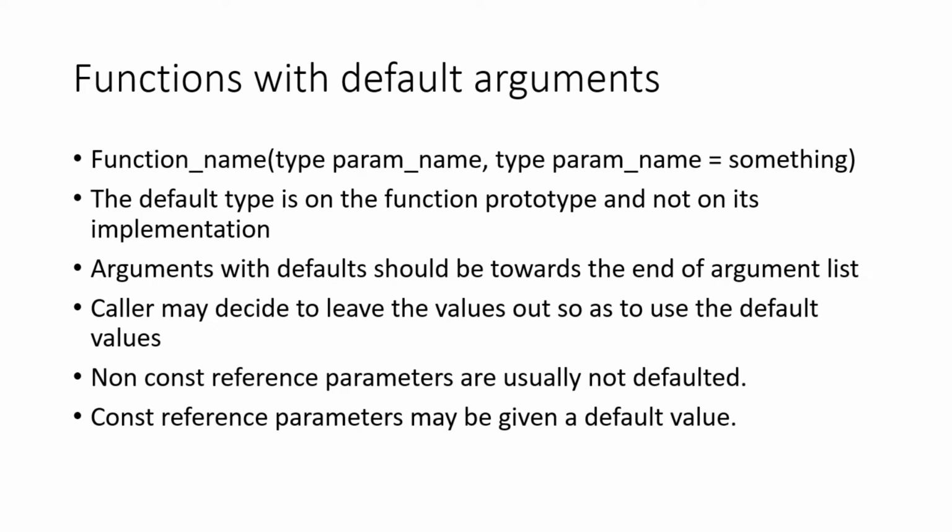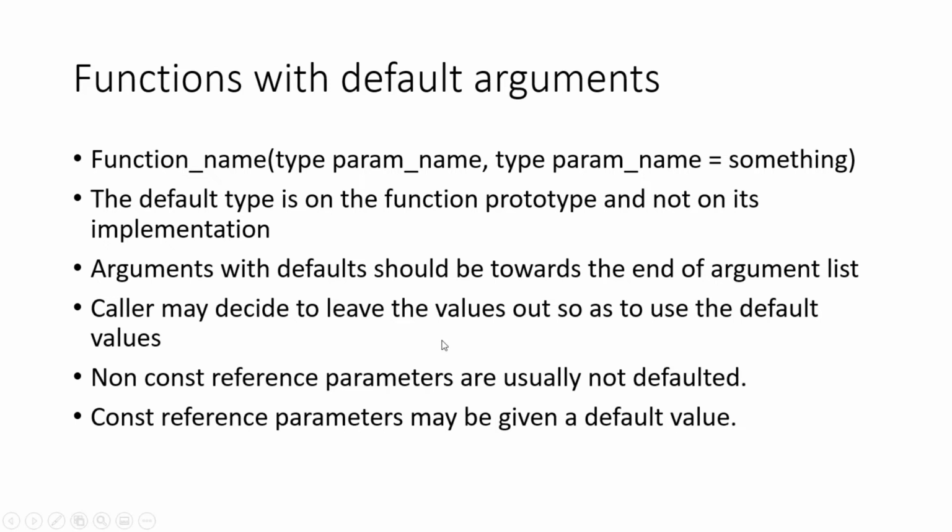Or if you have the prototype, the signature of the function up at the top of the driver file or the main function, up at the very top you'll have the defaults there, but lower down, underneath the main method, in the implementation you will not have the default mention. It's illegal, it's not allowed. And you'll see an example of this.